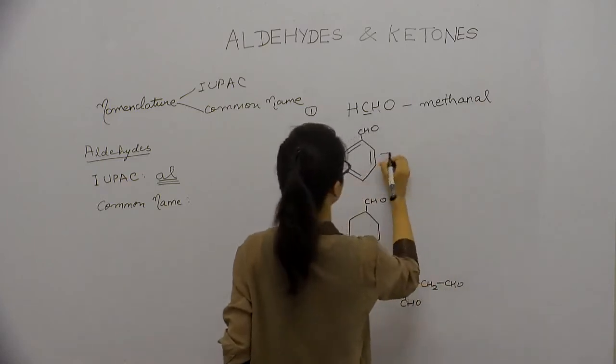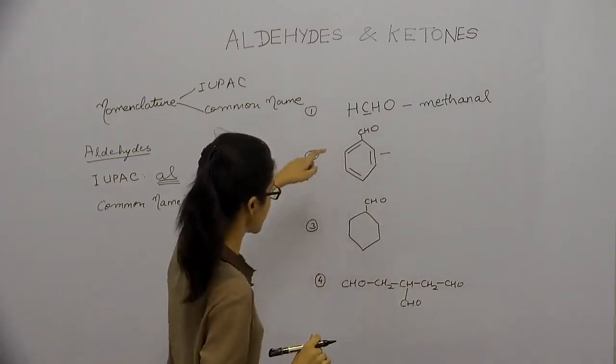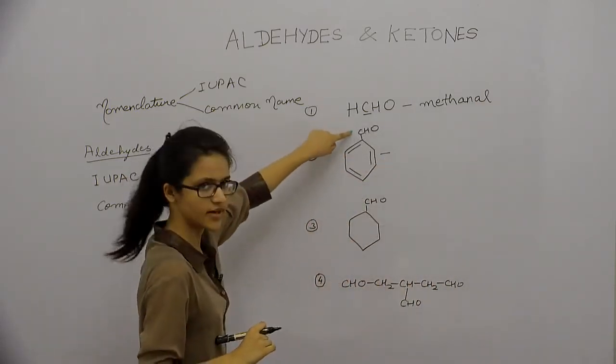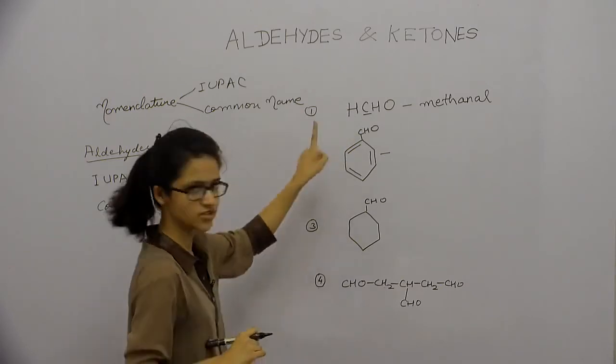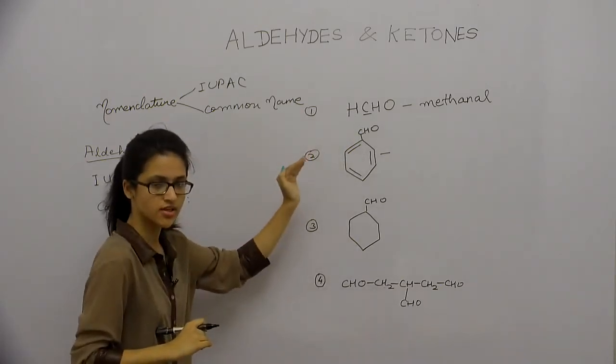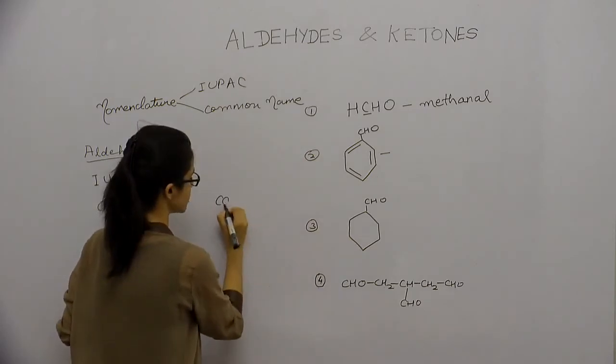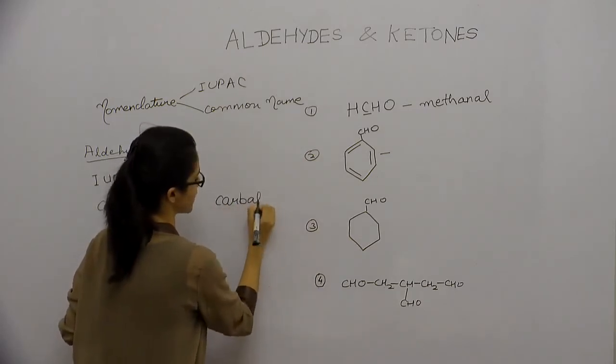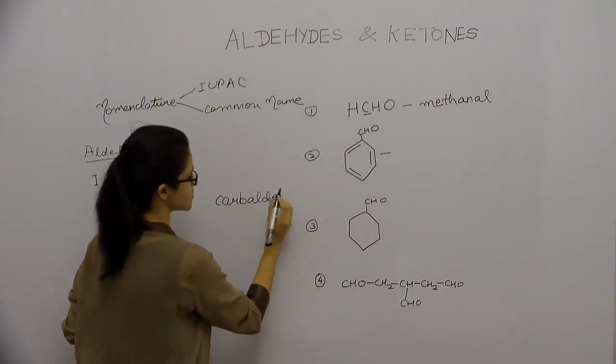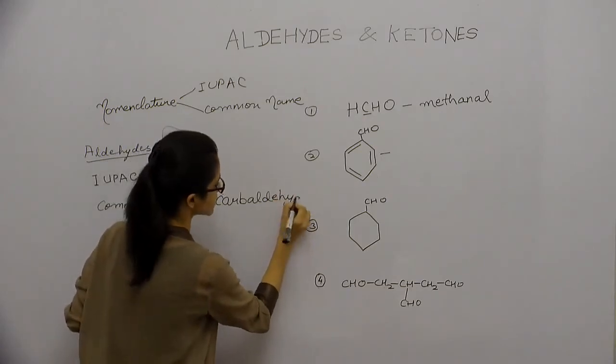Alright, here. Okay, so when we have the aldehyde group attached directly to a cyclic chain, then we add the word carbaldehyde at the end. This is the suffix.